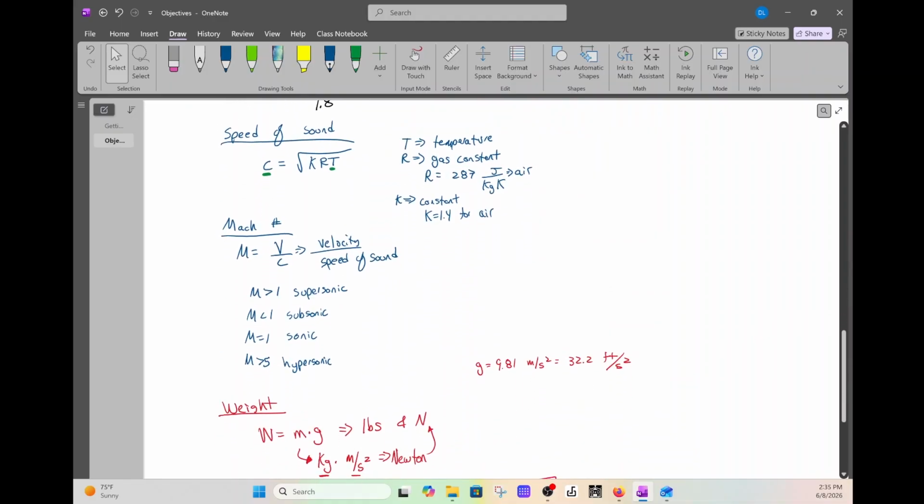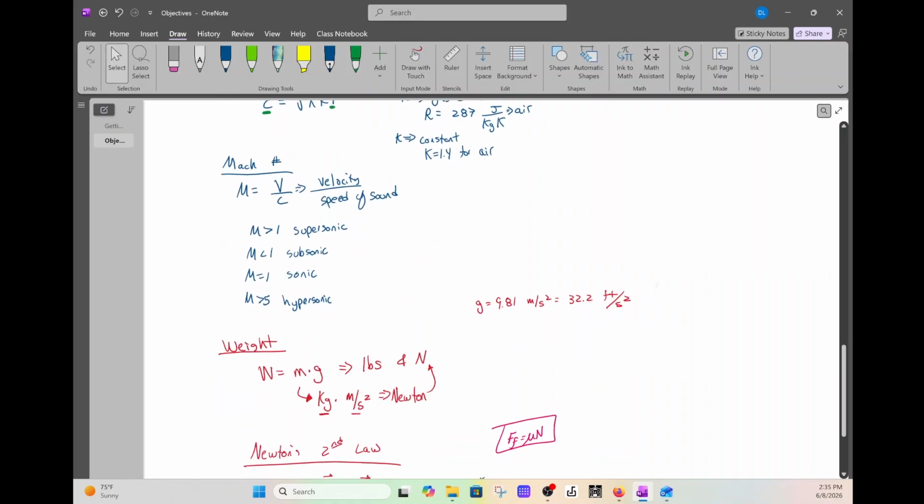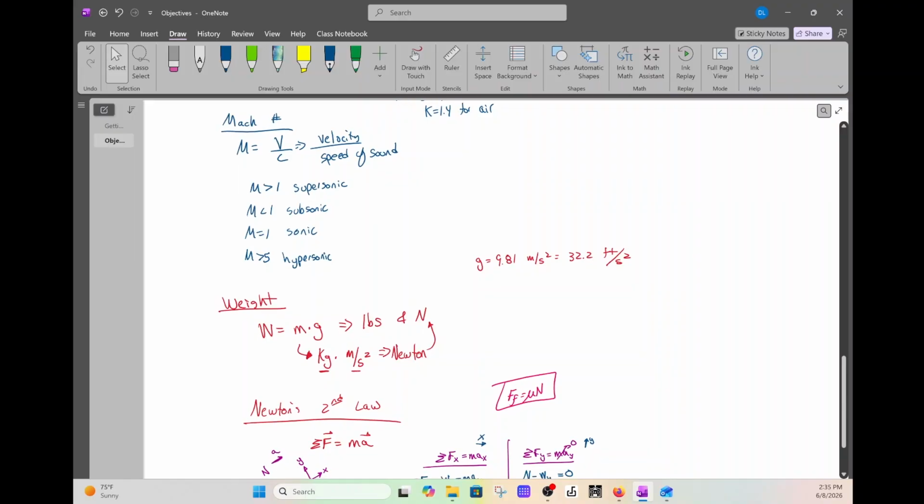Then we looked at the speed of sound, which is the square root of kRT, where temperature is T, R is a gas constant depending on the gas. Air has 287 joules per kilogram K. And then k is a constant. We're going to go right now, air is 1.4. If it was nitrogen or oxygen or whatever, or a mixture, you can find those values in the back of your book. We use the speed of sound to find Mach number, which is your velocity over the speed of sound.